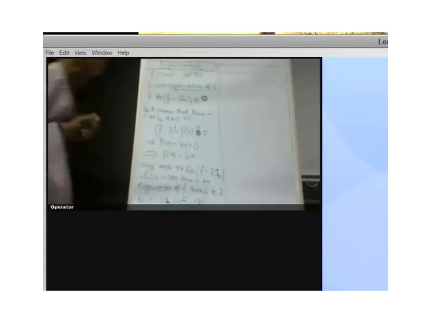Now let's look into it from the side of a matrix. It's almost similar.